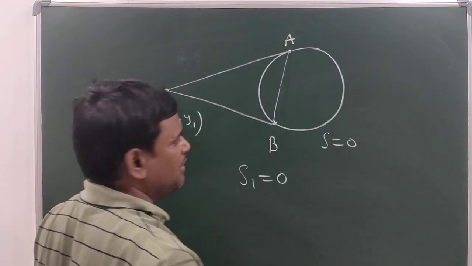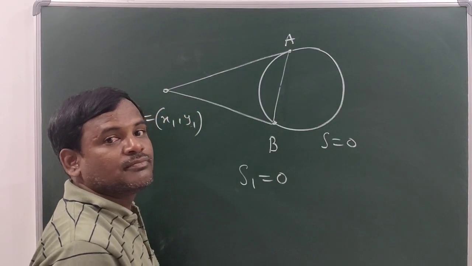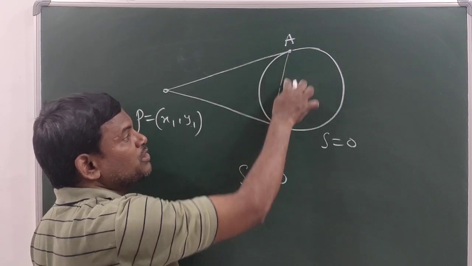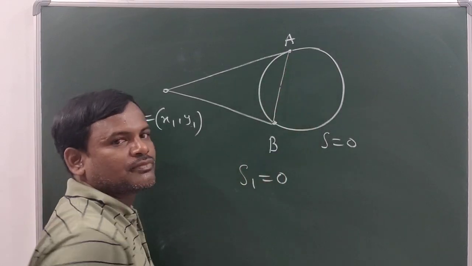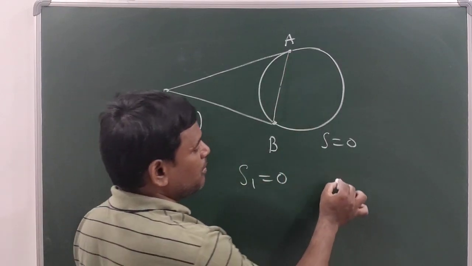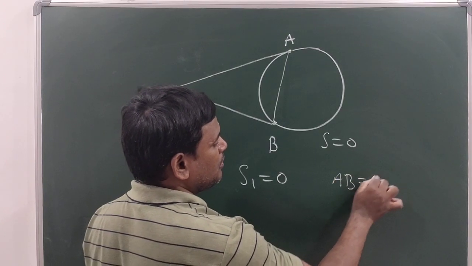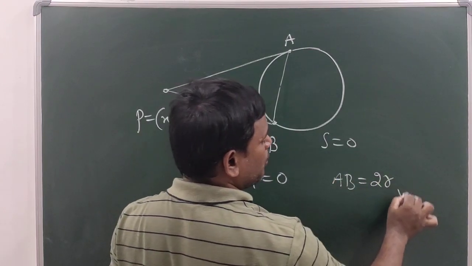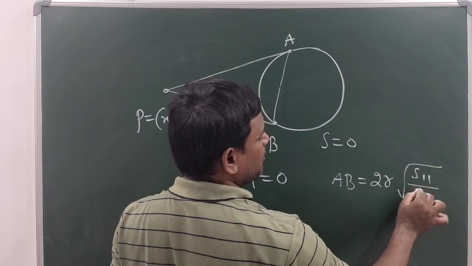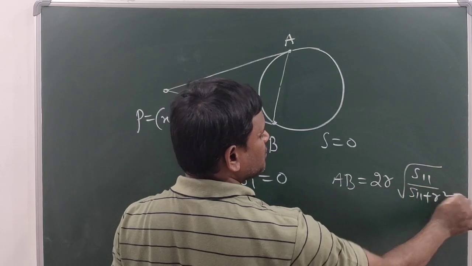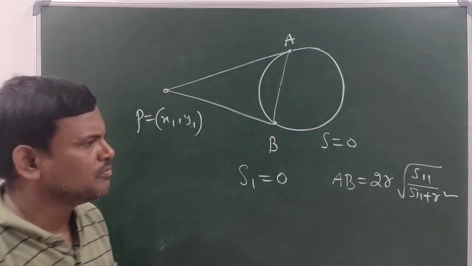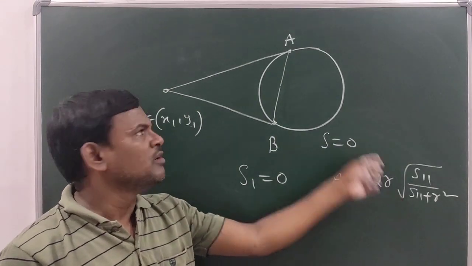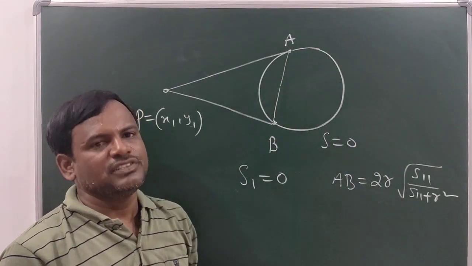And sometimes they will ask you this length also. Use this formula, AB length: 2r into root S11 by S11 plus r square. Use this formula to get the length of this AB.